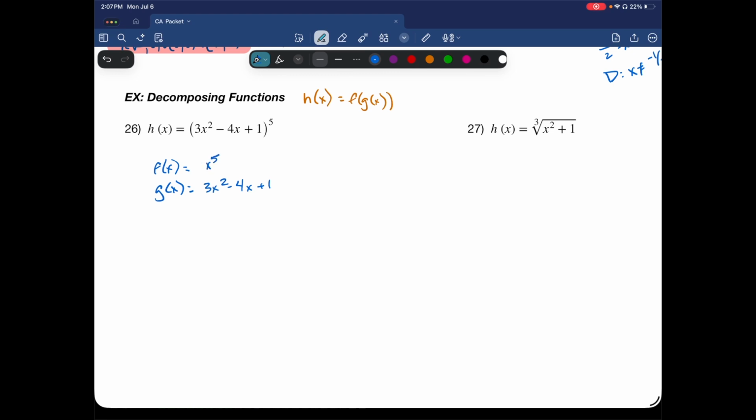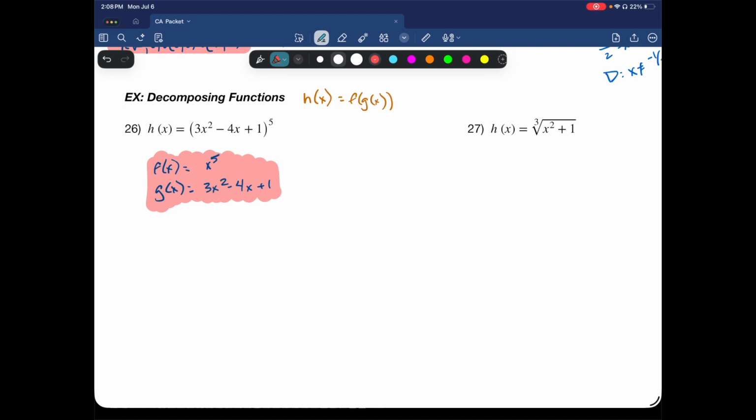So if I'm doing f of g of x, that means I needed to have an x to plug g into, and if the entire function is raised to the 5th power and there's nothing else going on, that means the parentheses itself represents x. And so this is one example of how you could do this. Like I said, these are not cut and dry. There's typically more than one answer to do this, but this is just one option to do it.